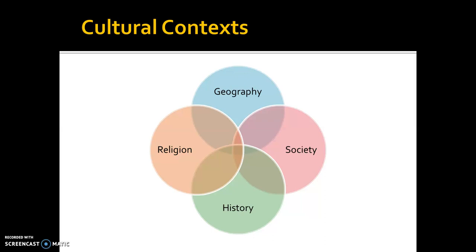Even something like geography, which you would think is impervious to change. Few things change as much as geography. Even physical landscapes can be changed to fit cultural values. For instance, if a cultural value is to concentrate groups of people in an area that doesn't have a lot of water, then you're going to change the physical landscape to get water to that area. Las Vegas wouldn't exist without cultural context and changing of geography.